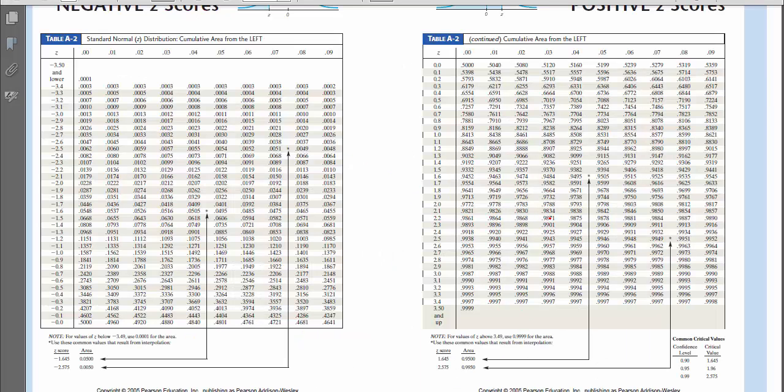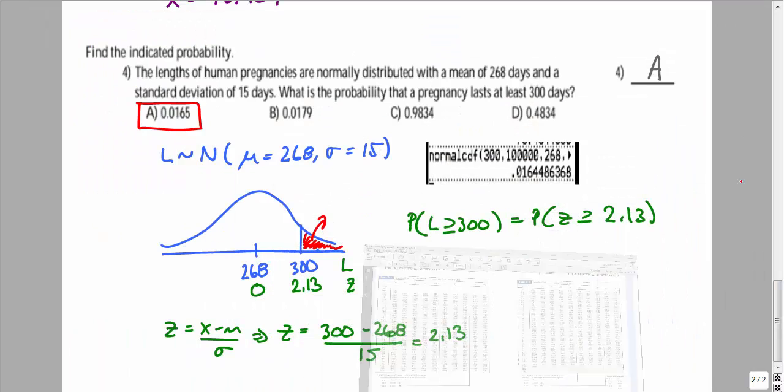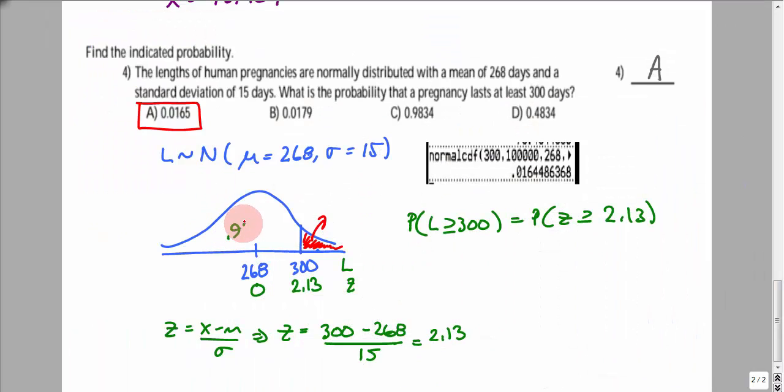So if I look up 2.13 in my normal tables, 2.1, 0.03, I get 0.9834, that's the area to the left. So this probability, because I want the area to the right, I have to take 1 and subtract off phi of 2.13. And we just looked that up and it's 0.9834.